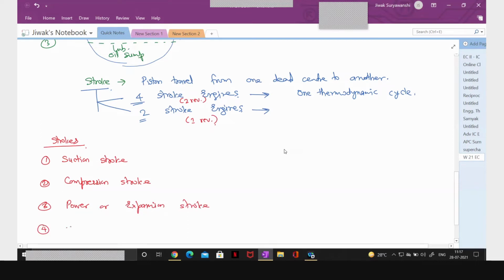So these are the strokes. There are four strokes, but there are five processes. What are those five processes? The first one is suction, the second one is compression, and the third one is combustion.